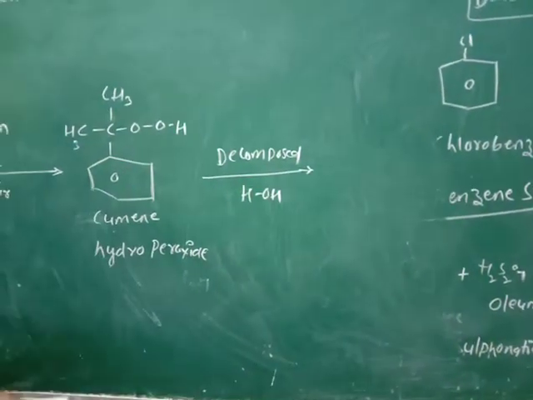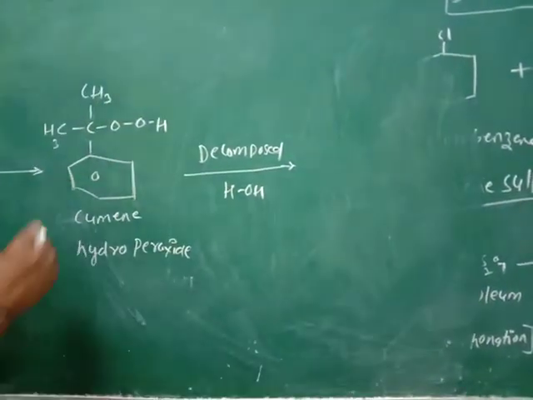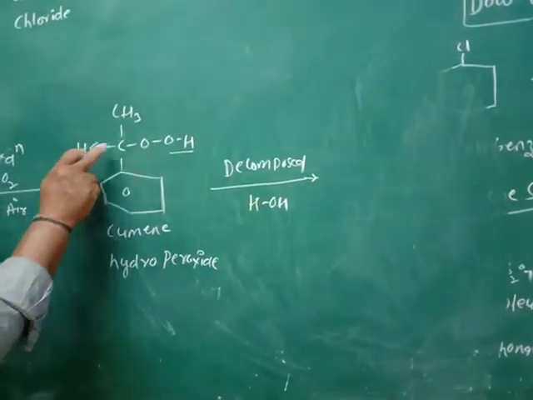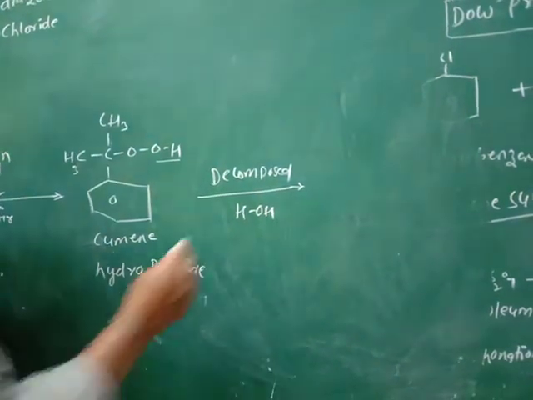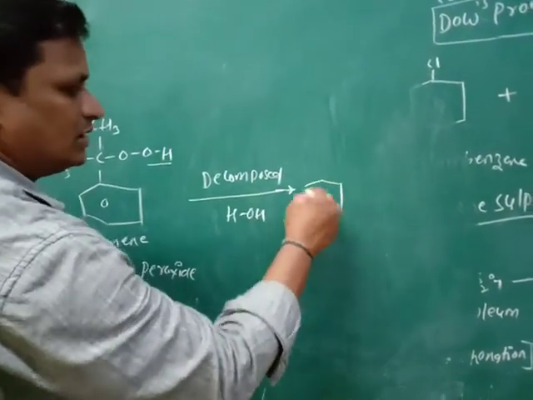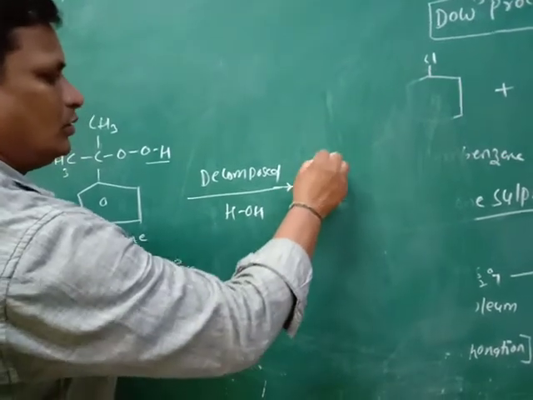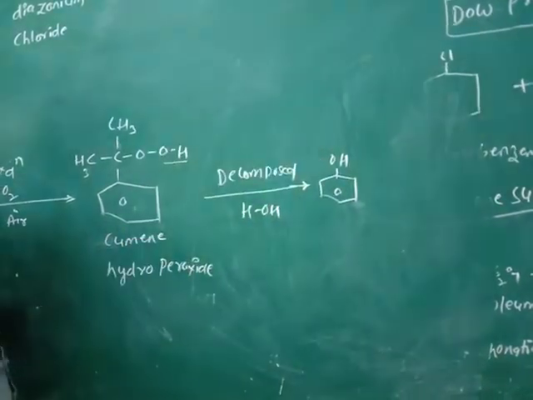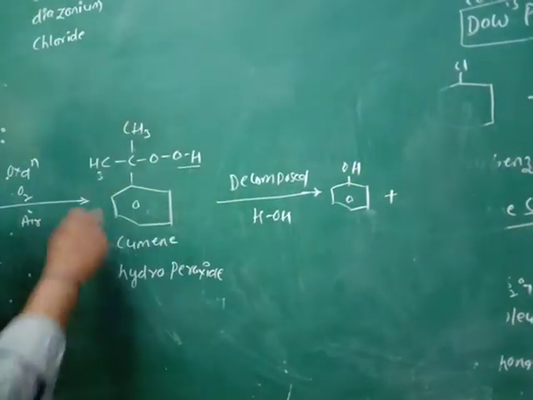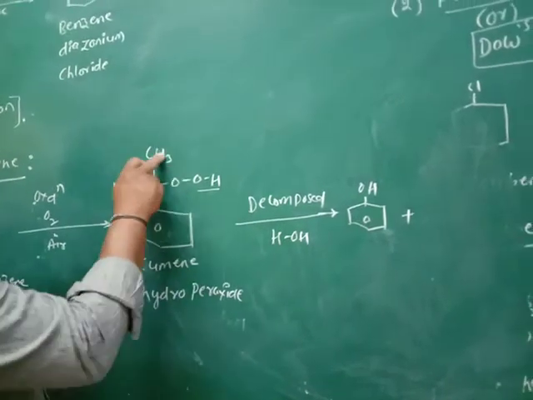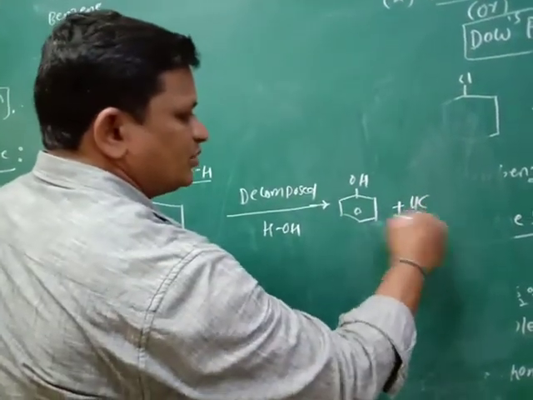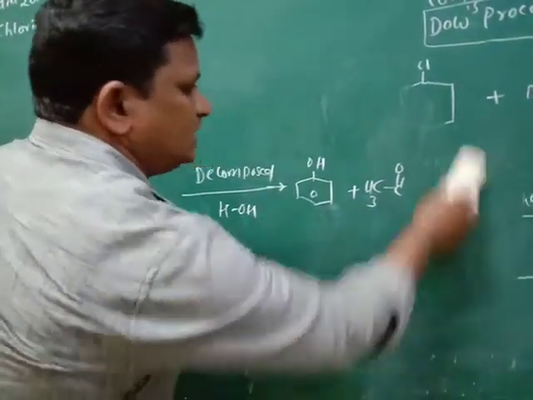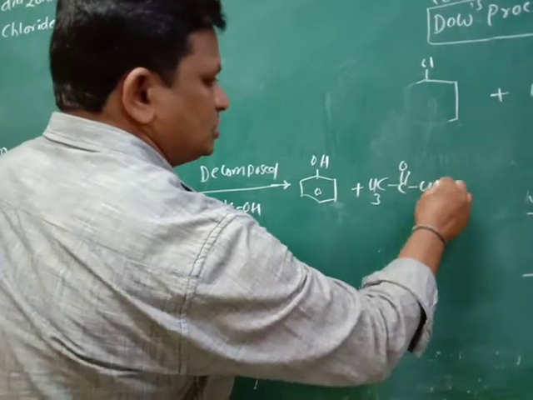It gives benzene with an OH group, C6H5OH, and the remaining compound CH3COCH3. Structurally, CH3 single bond C double bond O, single bond CH3.